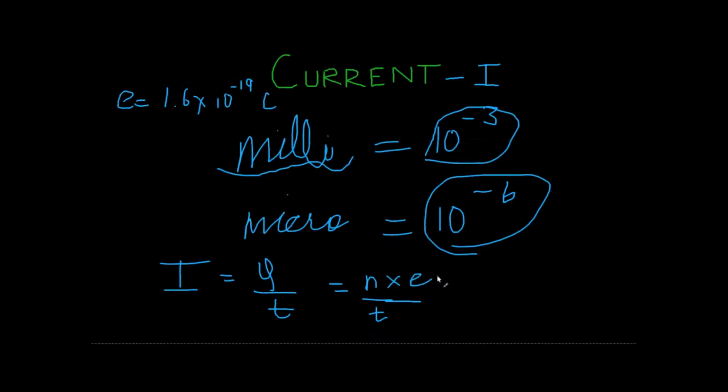Here e is the constant, the charge on one electron. Alright, so if I've got 15 electrons, then the overall charge is 15 into 1.6 into 10 power minus 19. If I've got 20, then it's 20 into 1.6 into 10 power minus 19, divided by the time taken for this charge to pass through the cross section of the conductor in time t.